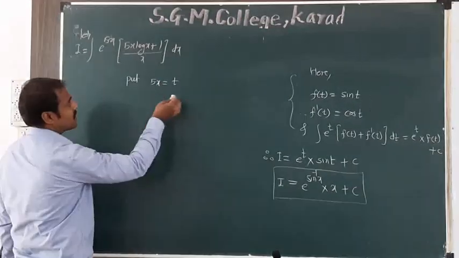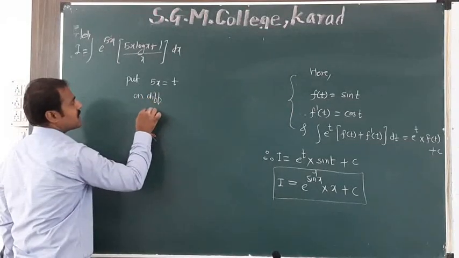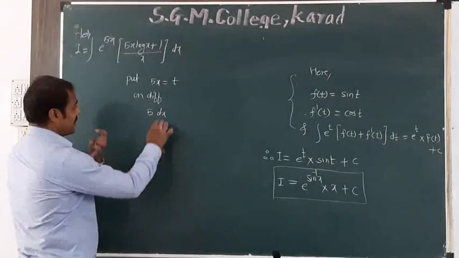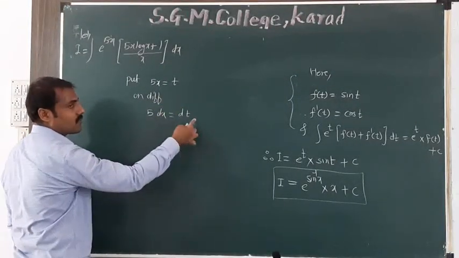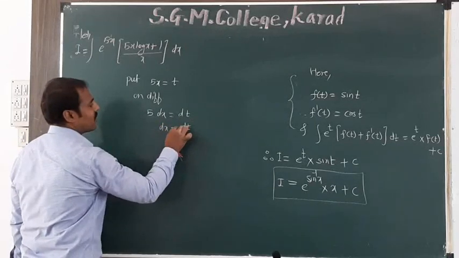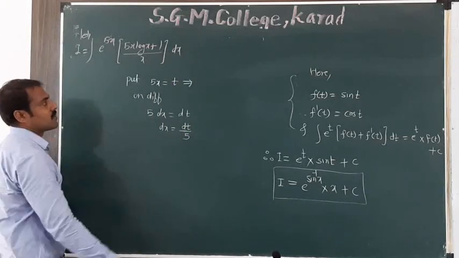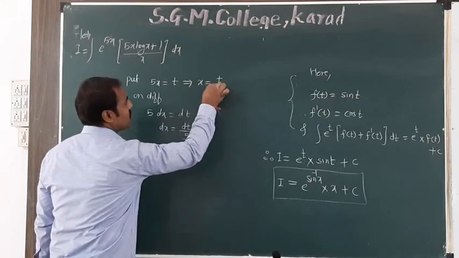5x is equal to t, on differentiating, 5 constant as it is. Derivative of x is 1 multiplied by dx. 5dx is equal to dt. Derivative of t is 1 equal to dt. So dx is dt divided by 5. And here from 5x is equal to t, we can find the value of x as t divided by 5.